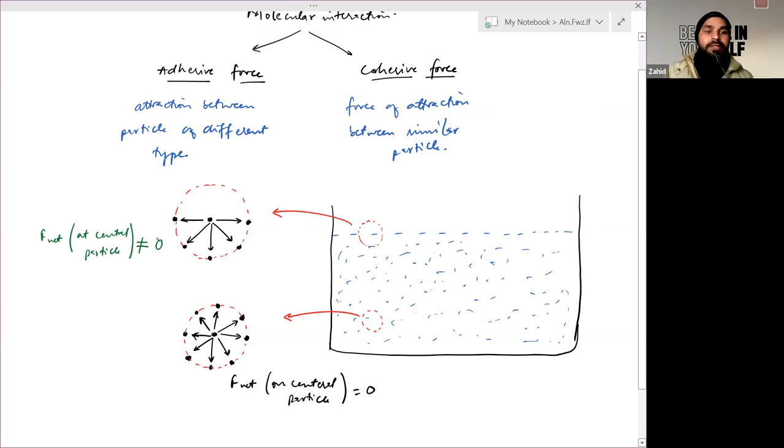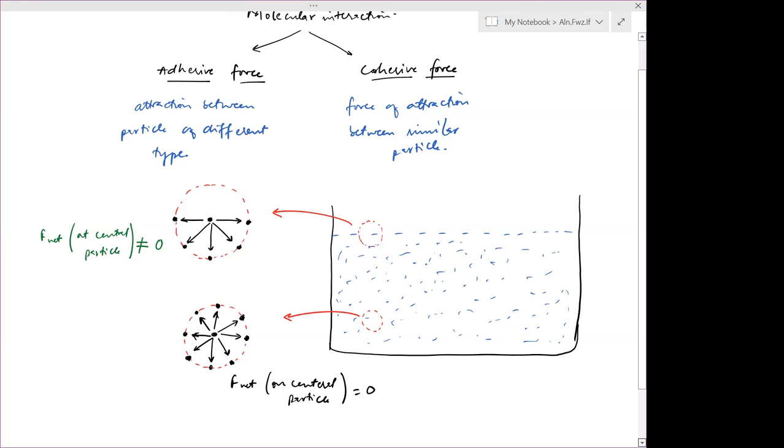So there will always be some force acting on this top layer particle due to its neighboring particles. This force will tend to make this surface a stretched membrane. This property of fluid is called surface tension. Is it clear? Yes, sir.